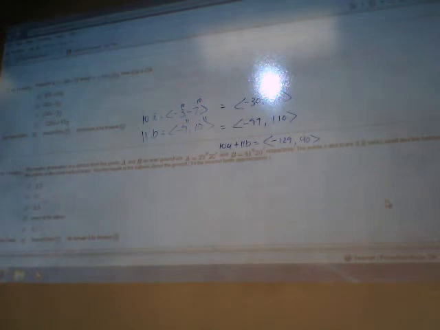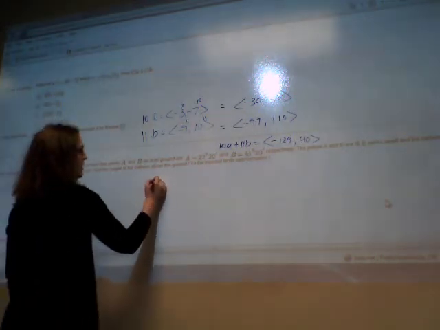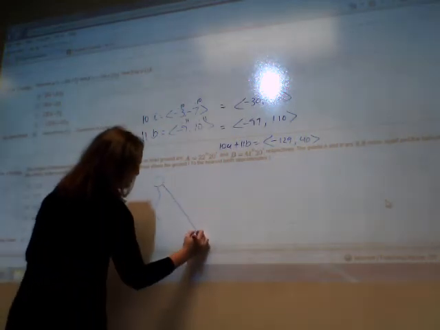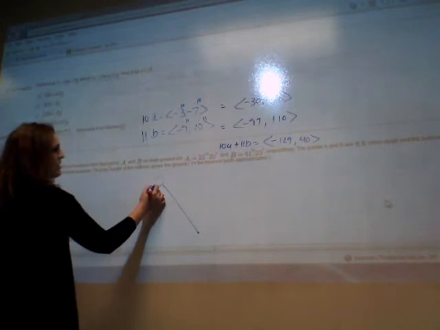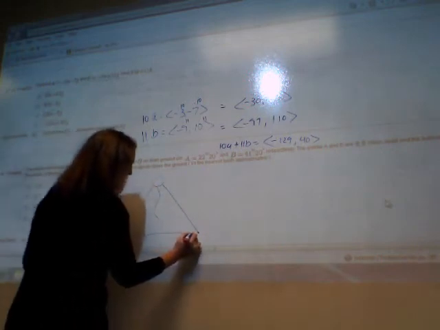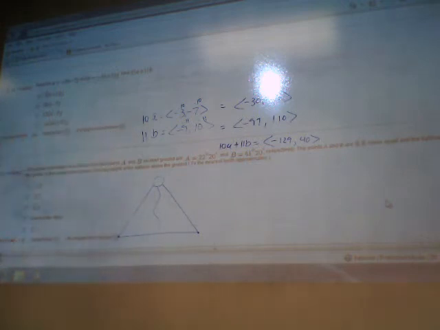Okay, the angles of elevation of a balloon from 2 points A and B on the level ground. So here we've got some balloon, and we've got 2 points here on the ground. And good heavens, they're giving it to us in degrees and minutes. Of course they are. Will somebody change that for me really quick?